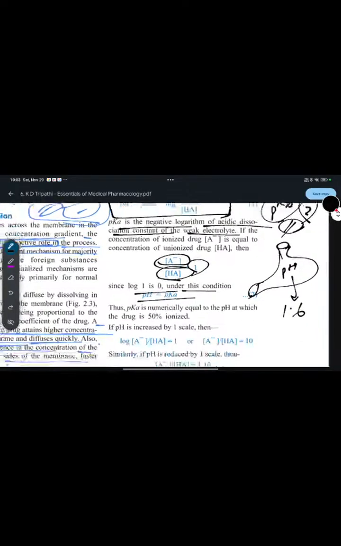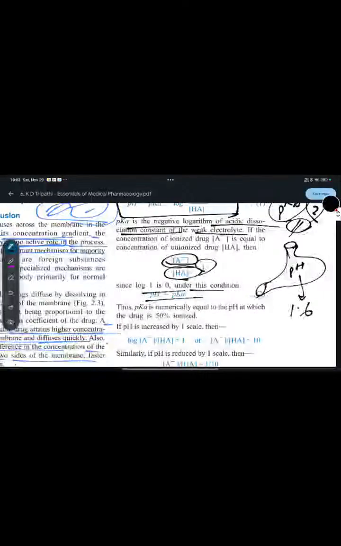The pH of the stomach is 1.6, yes or no? And if the pKa of this drug is also very low, like 1.678 or 2, that means absorption will be very much less.